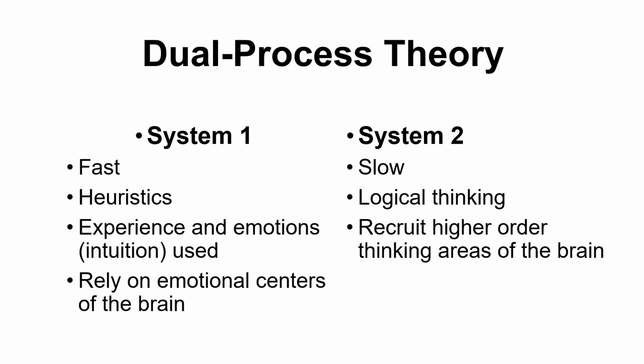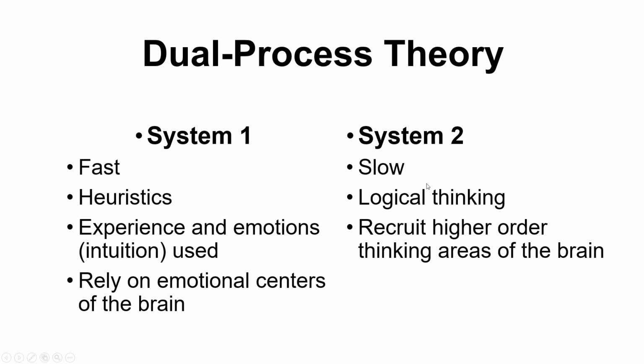We could rely on heuristics. We're going to benefit from experience, and we tend to rely fairly heavily on emotional systems and things that we've seen previously. So we're going to rely on those emotional centers of the brain. So this is a quick and dirty solution, where it gets us the solution quickly, but it might not be the best solution.